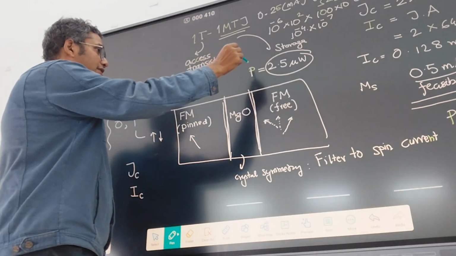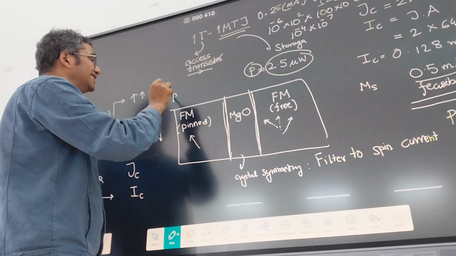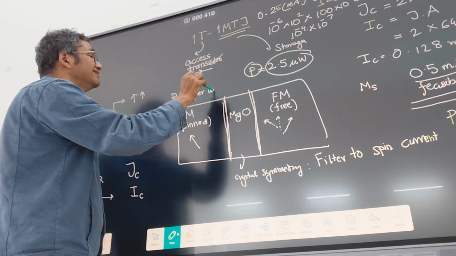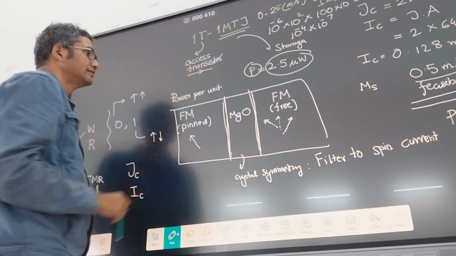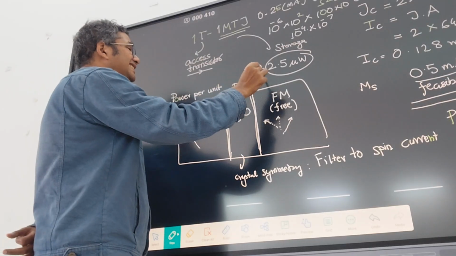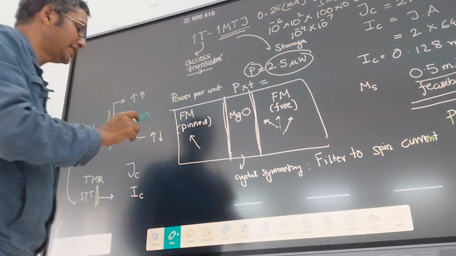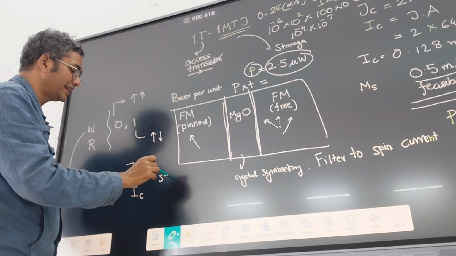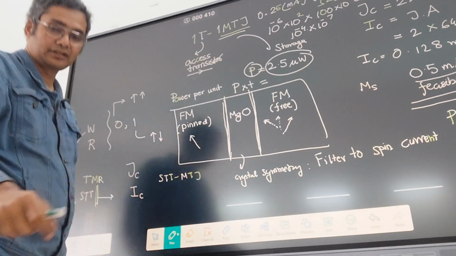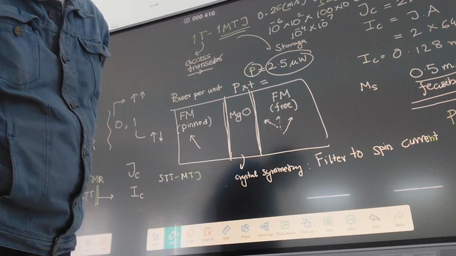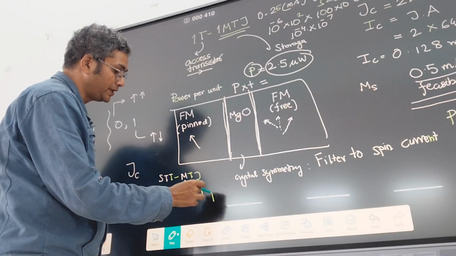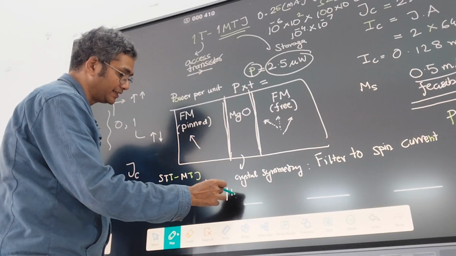Now the question is what is the power per unit time? So you have to multiply P again with T. Now the question is, this STT MTJ has a value of 0.121 picojoules per bit as its power.